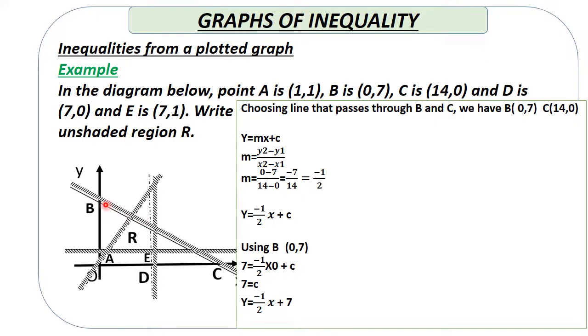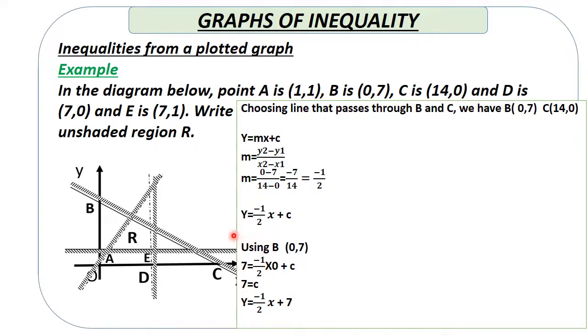So in this case, B is 0, 7, the y value is 7. So the point B, it is 7.